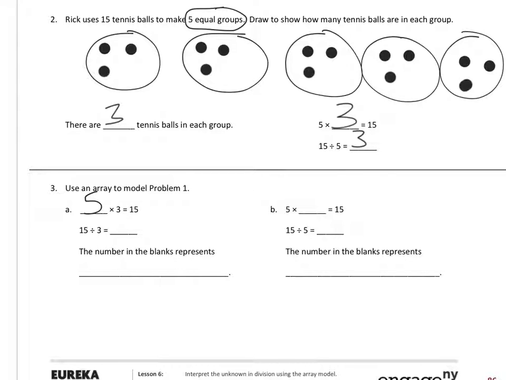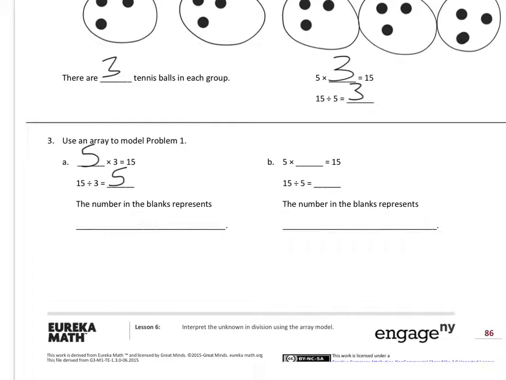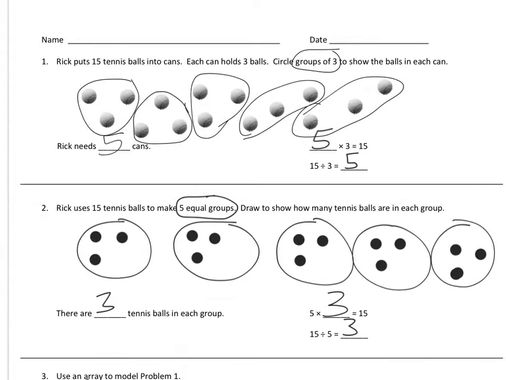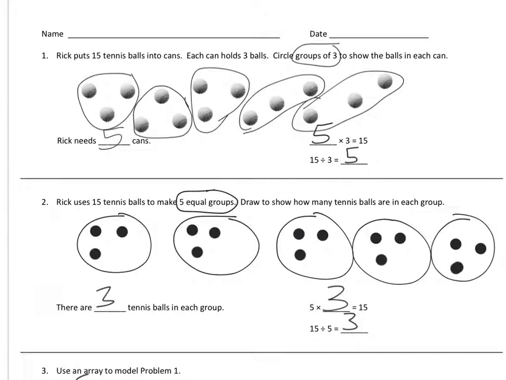Well, if 5 times 3 equals 15, then 15 divided by 3 equals 5. Remember how we talked about them being forwards and backwards? The number in the blank represents blank. So number 5, when we were doing problem number 1, was number 5 our groups or our number in each group?